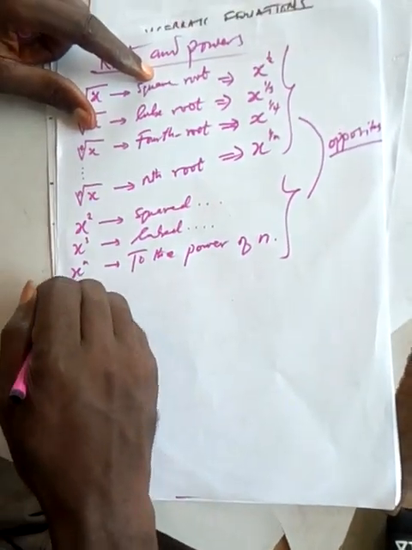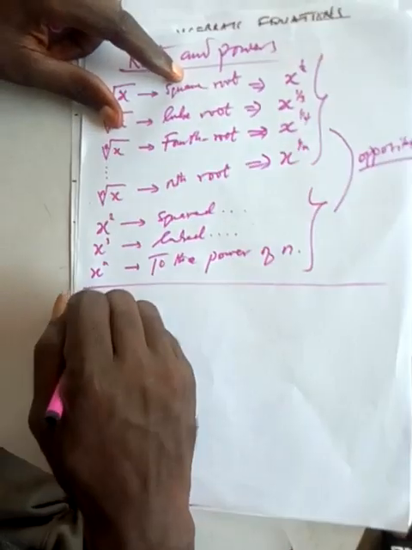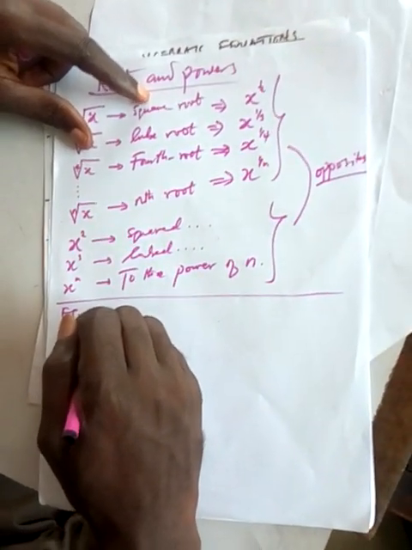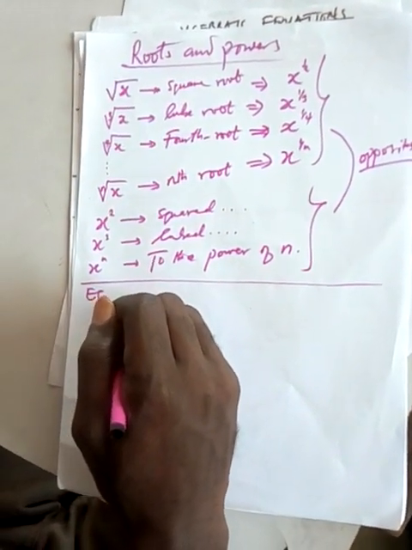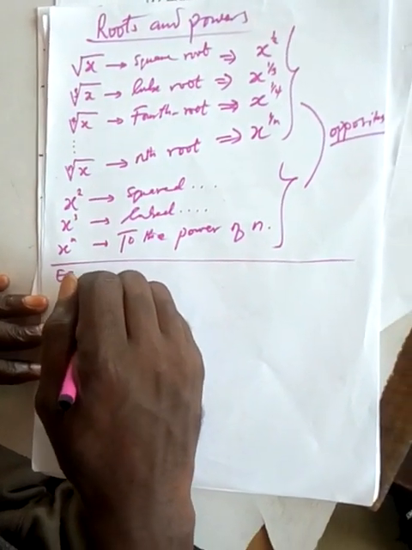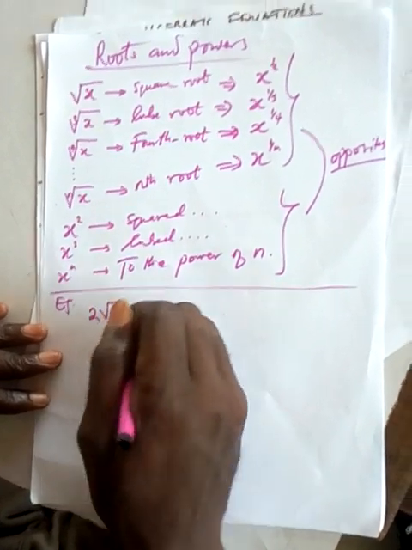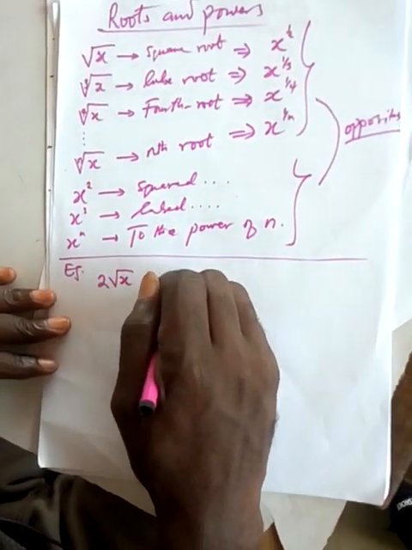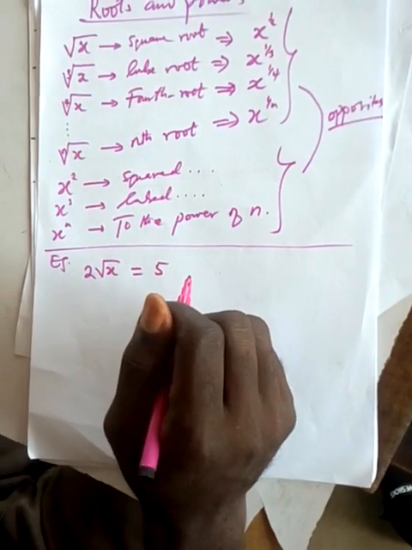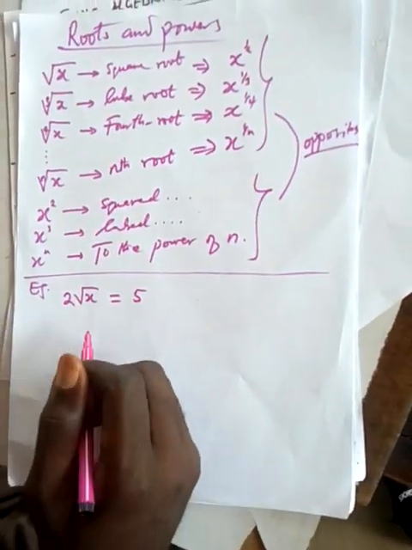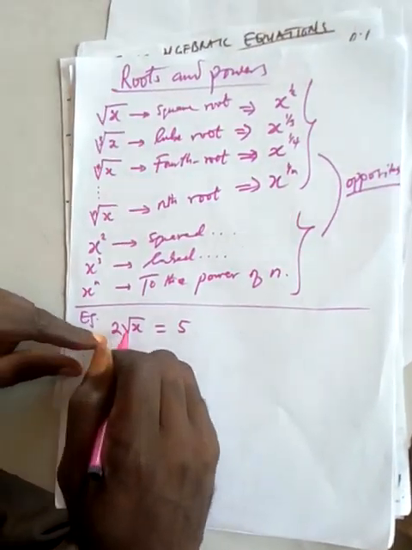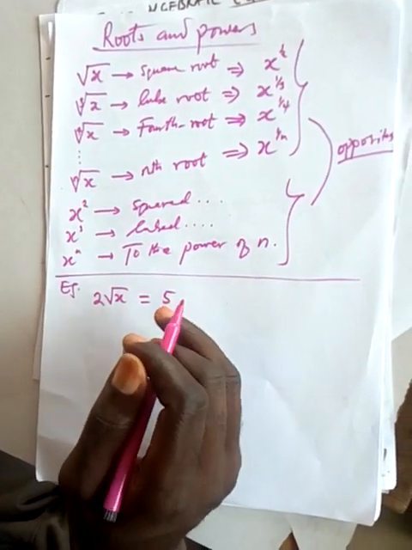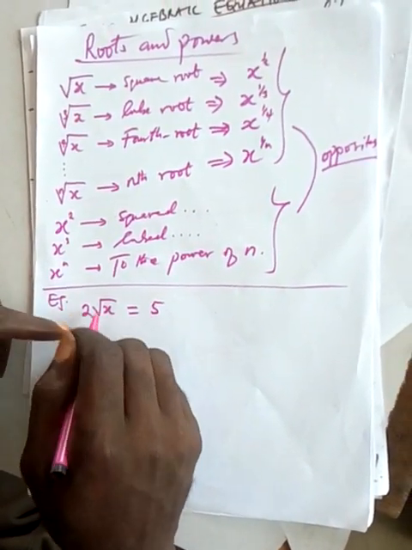For example, if we have 2 root x equals 5, something like this, we are looking for x. First of all, there is a number multiplying the root x.